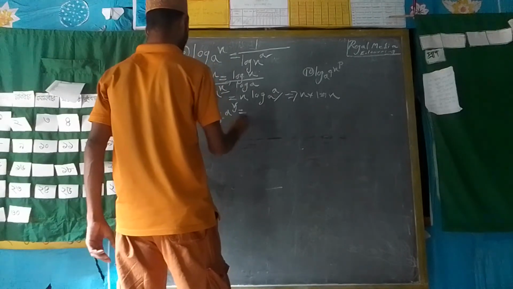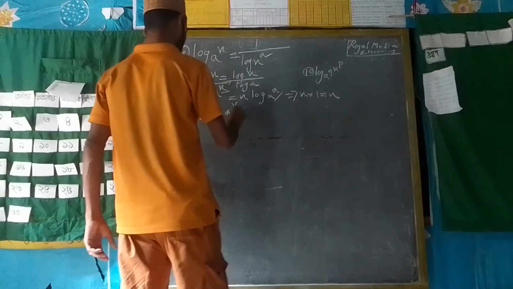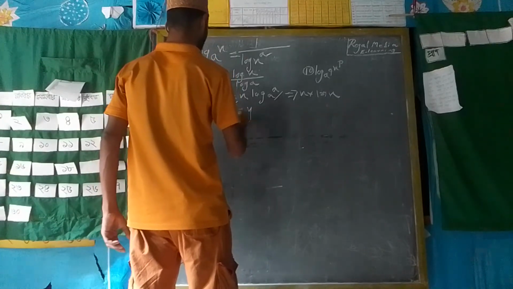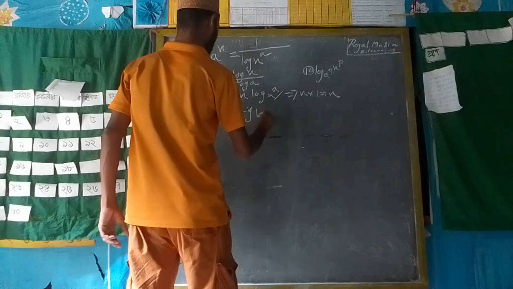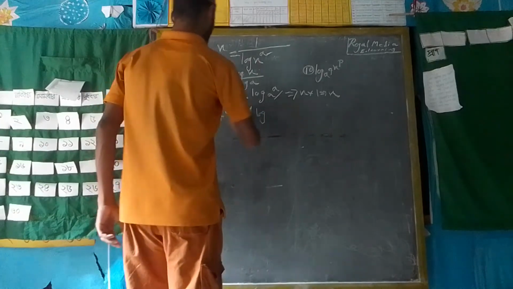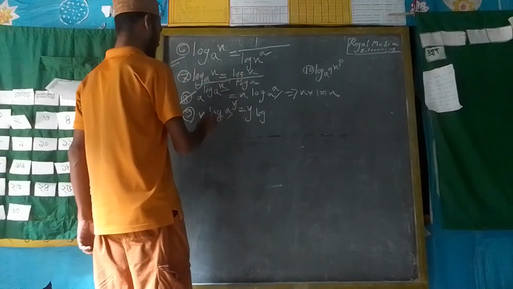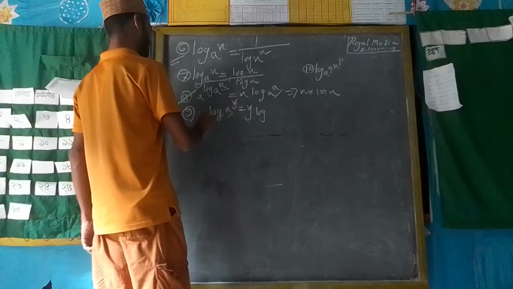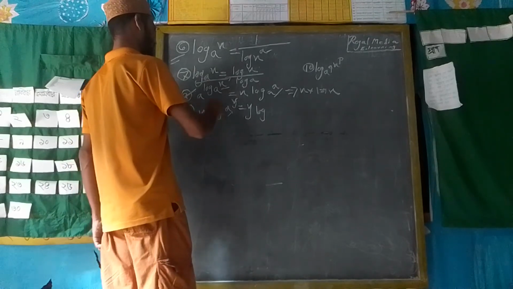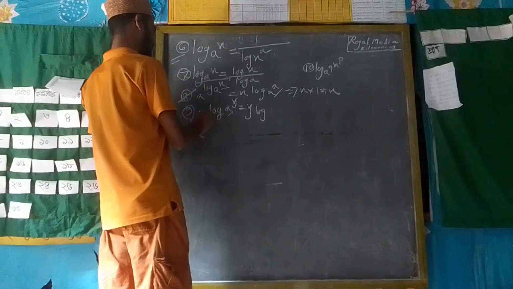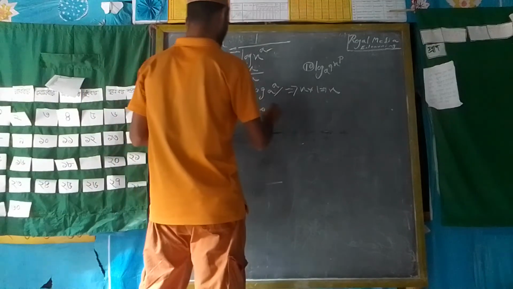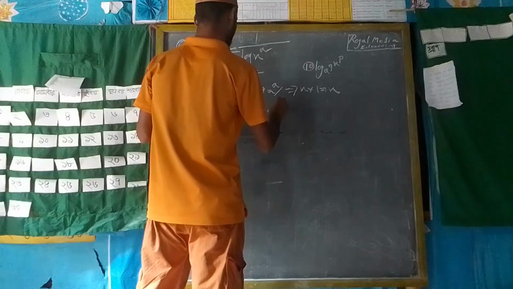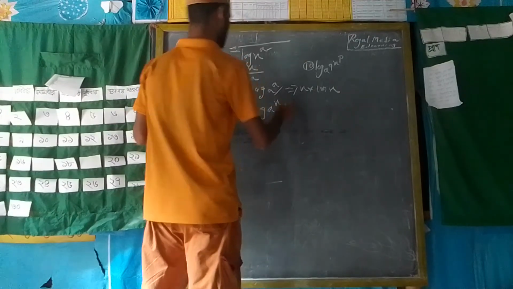Then go for 9, log x log a y, then y comes first. Then log a first and x into power.